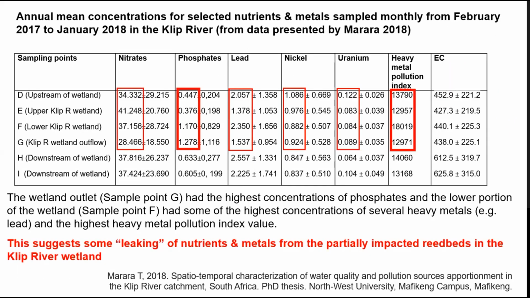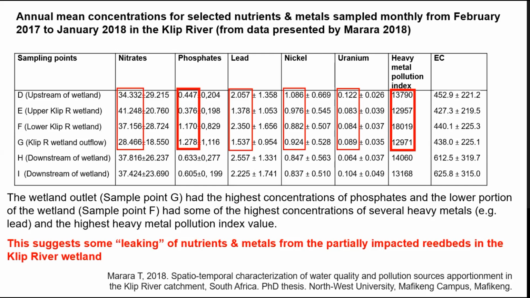The question that we face now is, as I indicated, that it's only the lower portion of the Klip which has been partially degraded. So the key question then is really whether there is evidence of this leaking of nutrients and metals that McCarthy and team have been warning us about.